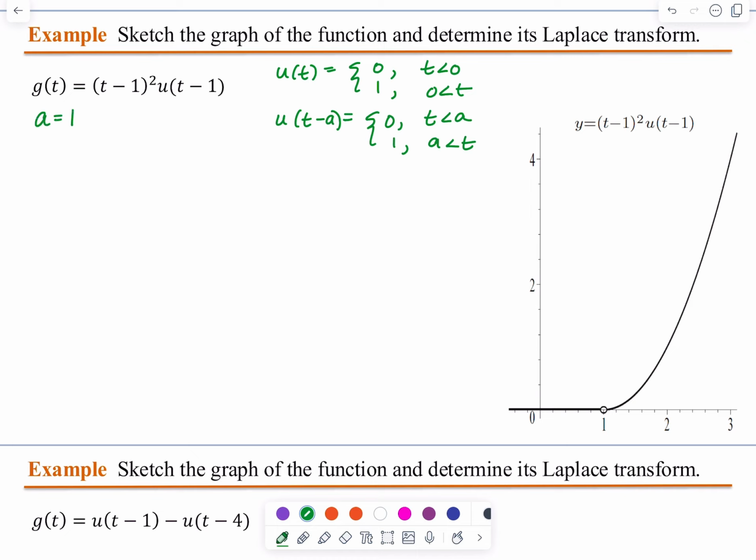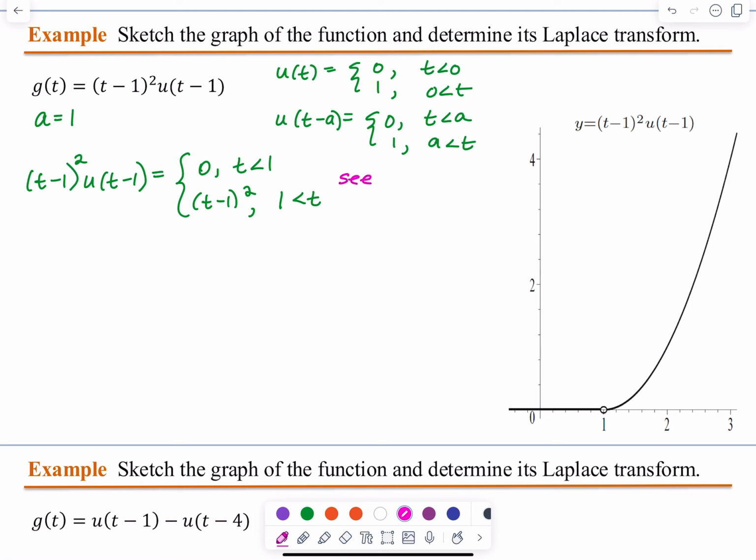So our function here is defined as t minus 1 squared multiplied by u of t minus 1, and we see that that is equal to 0 for t less than 1, and t minus 1 squared for 1 less than t. And that can be shown right here.